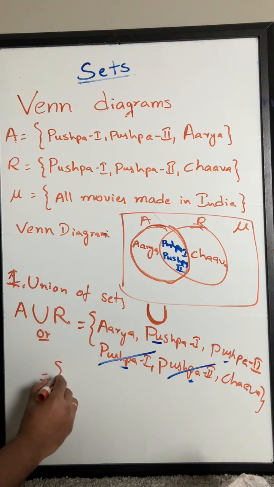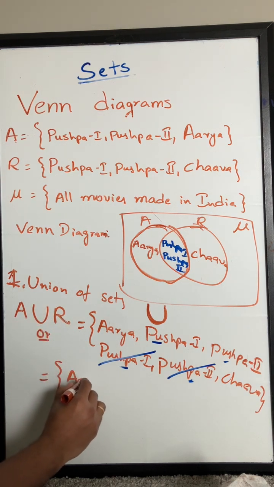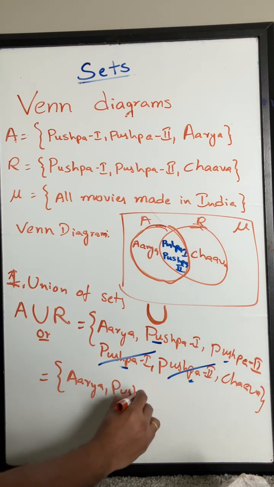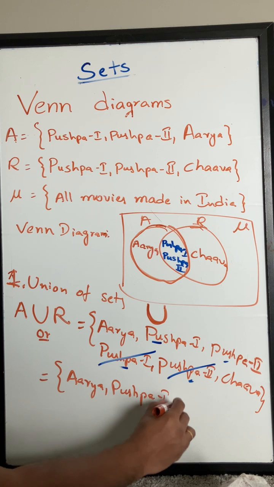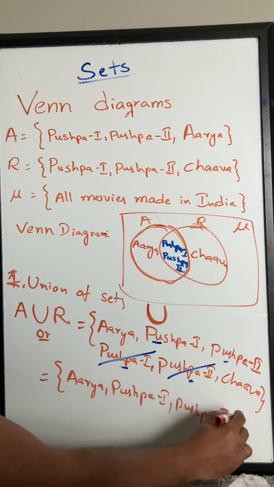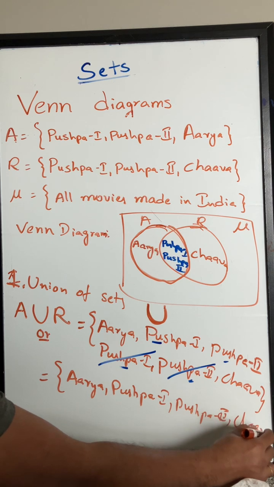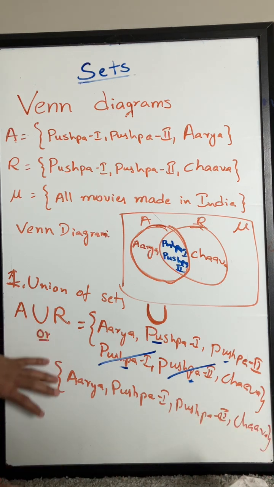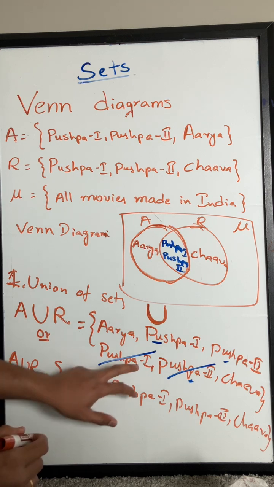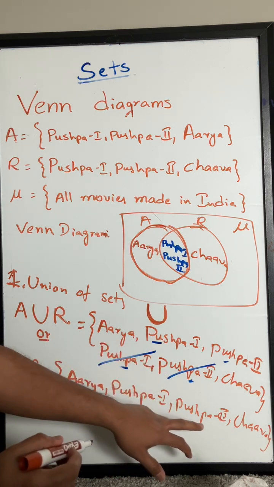That is Arya, Pushpa 1, Pushpa 2 and Chava. So this is our A union R. This is called union of sets. When we join two sets, we remove duplicates and write it like this.